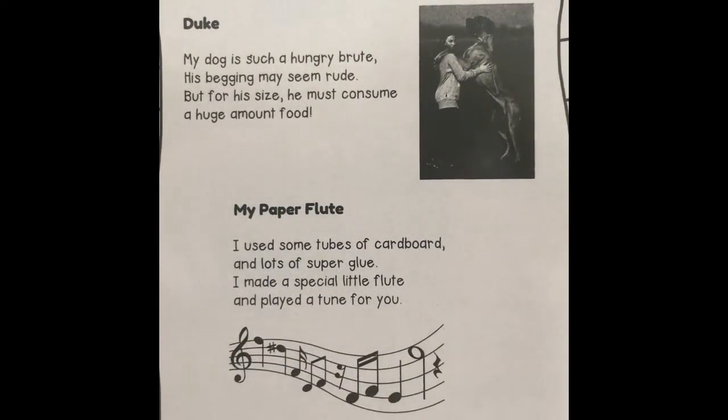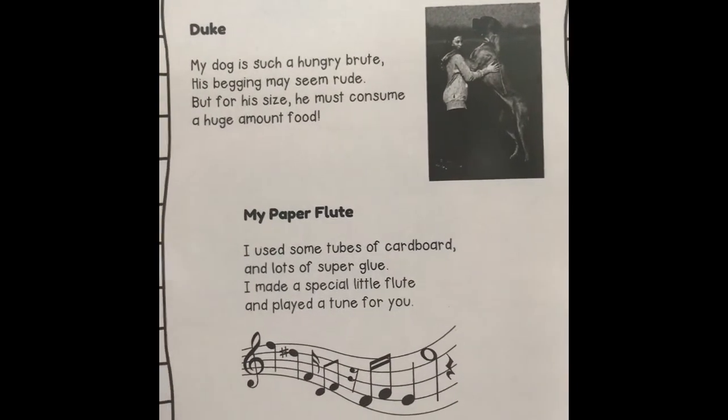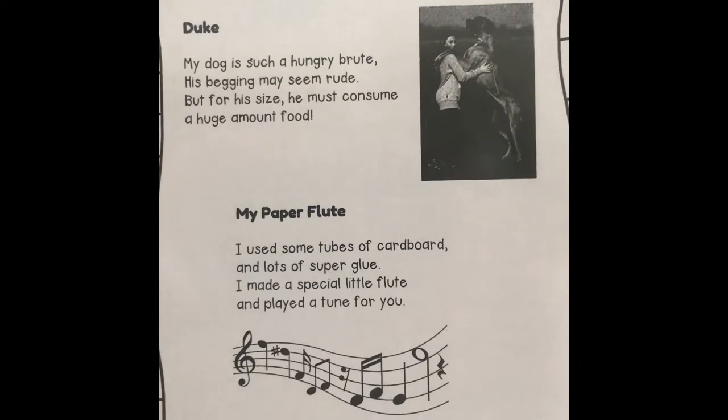So you may have noticed doing your word work this week that there are several different letter combinations that words use to make that long U sound. In these poems, we see two of those different ways of making the long U sound.